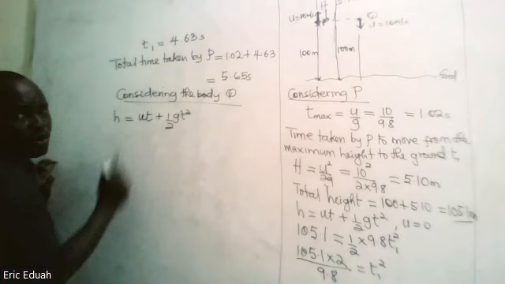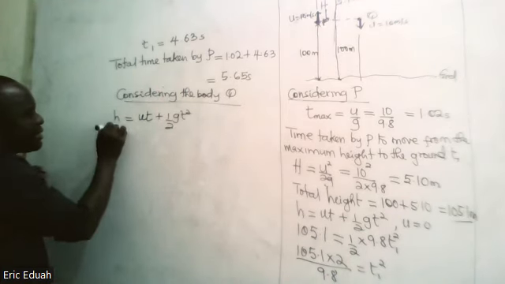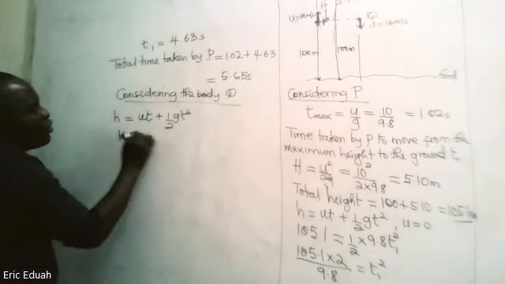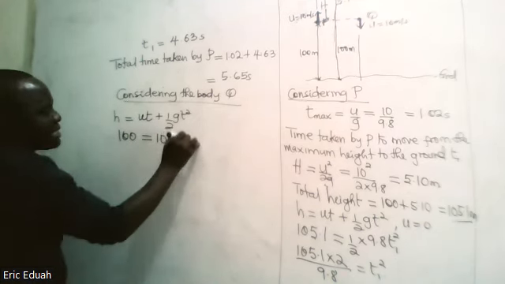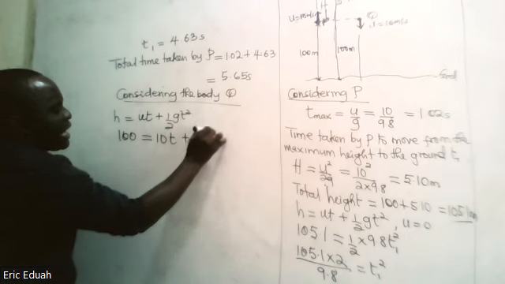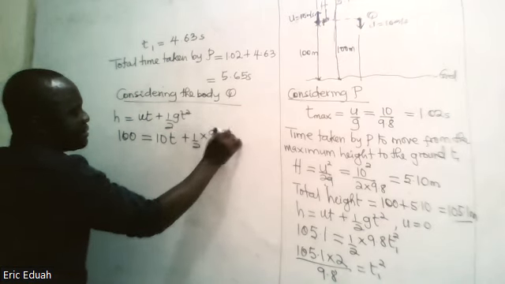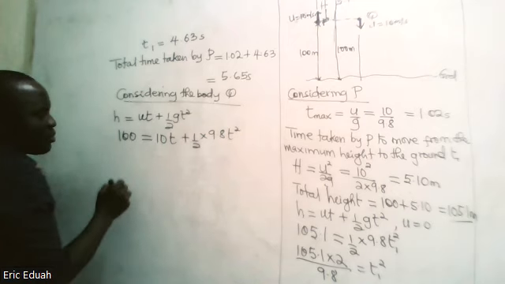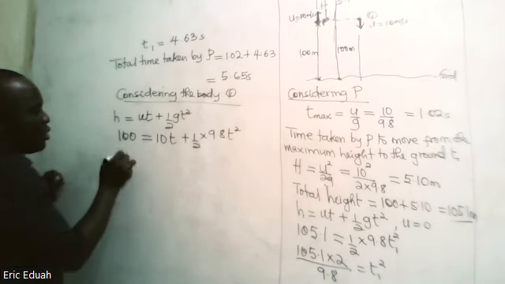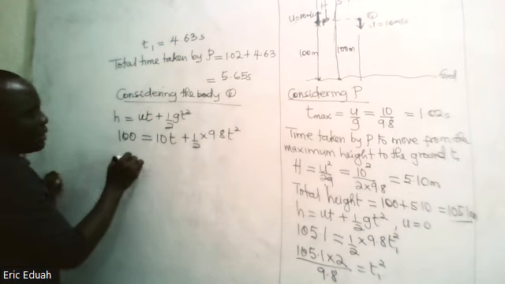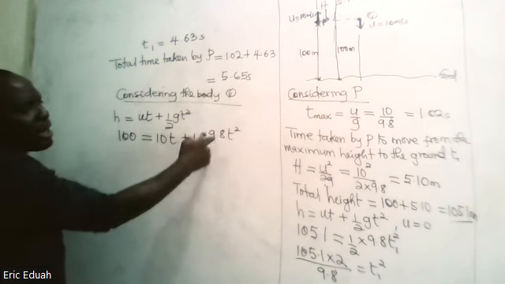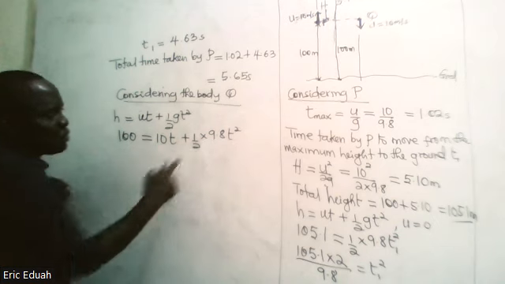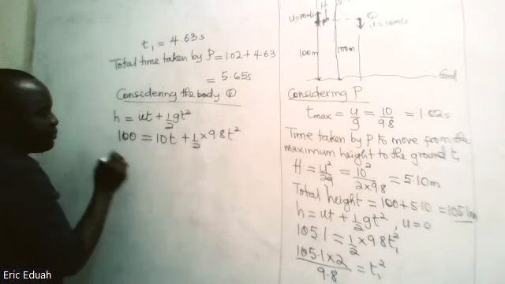So for Q, H, which is 100, would be 10 times T plus half times 9.8 T squared. Okay, so let's divide 9.8 by 2.